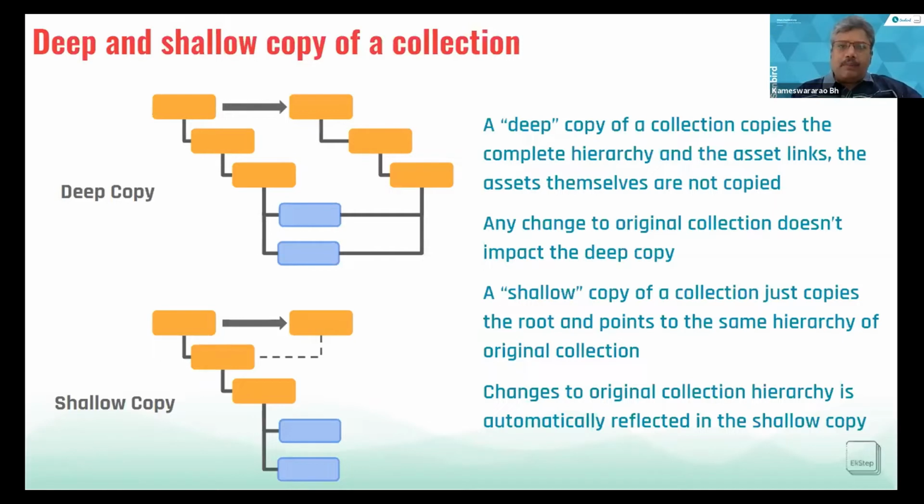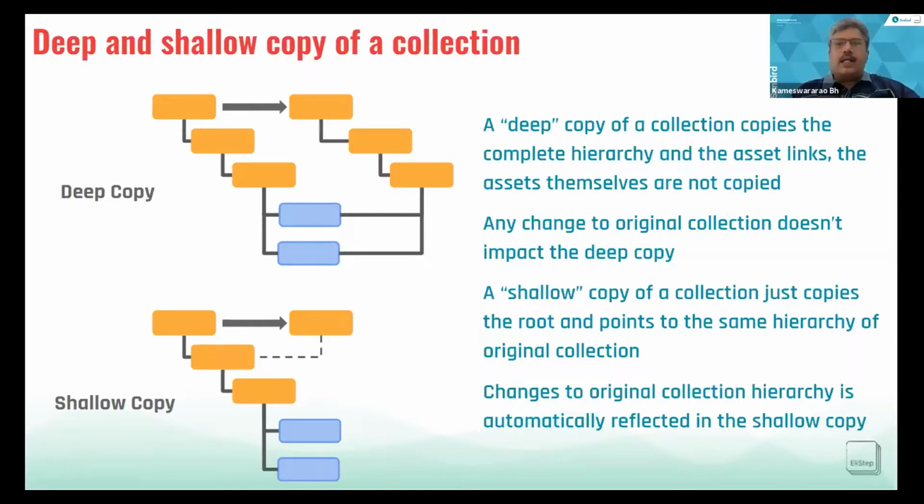When you do a deep copy of a collection, the entire hierarchy, from the root to all the folders within that, and the links are also created as a new copy. Of course, the assets themselves are not copied when you are copying the collection, because that would completely bloat the system.